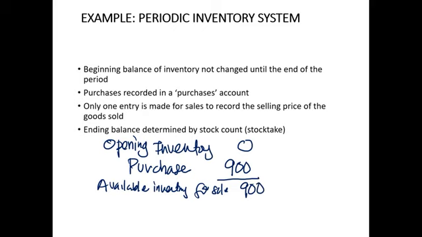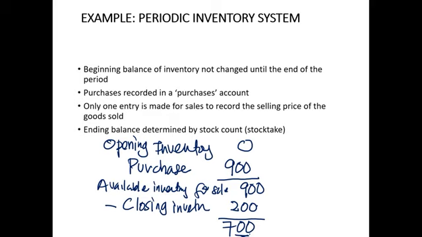Am I right? You don't know how much you have sold, but when you do your stock take, you minus your closing stock, closing inventory, you found that you have balance of 200. So what is this 700 mean? I repeat, you have your opening inventory is 0.